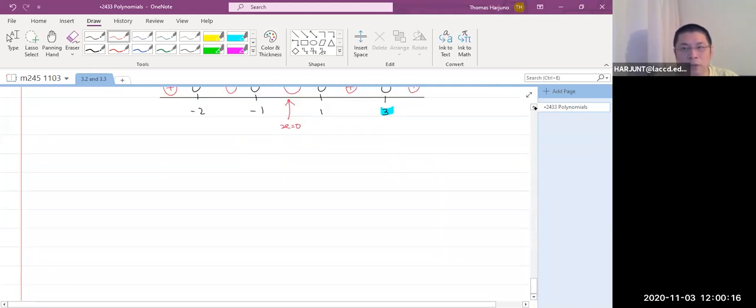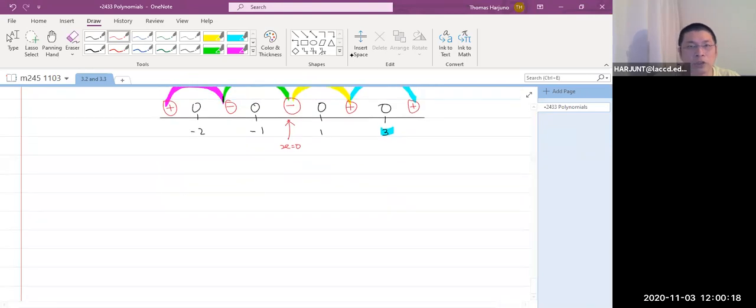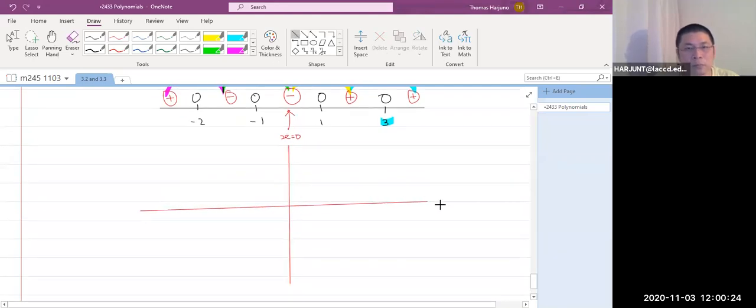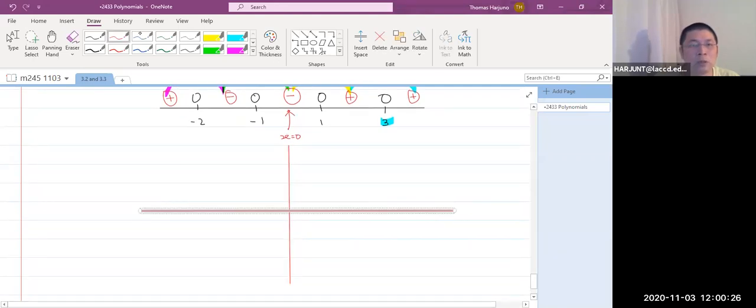Okay, then when I try to sketch the graph, my x-intercepts will be at -2, -1, 1, 3, and the y-intercept is 0, -18, and the graph will be as the following.